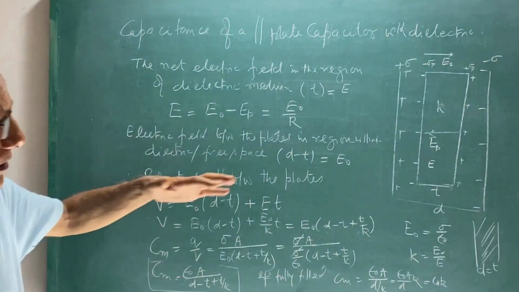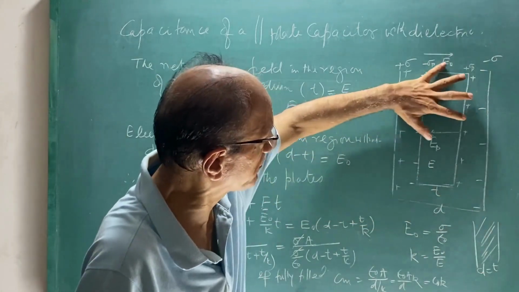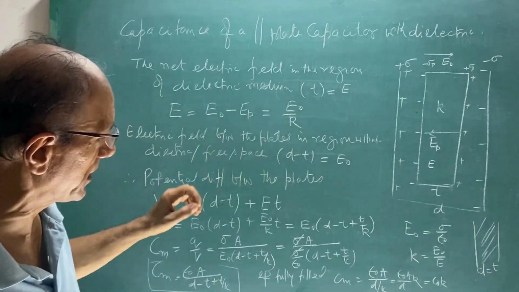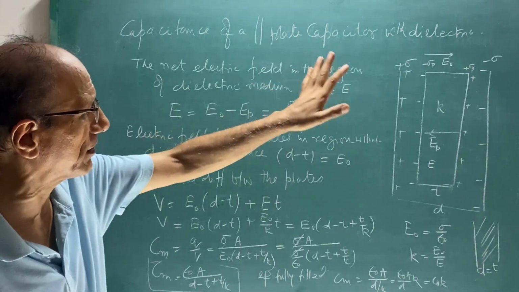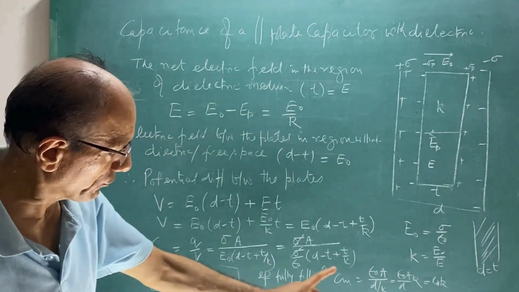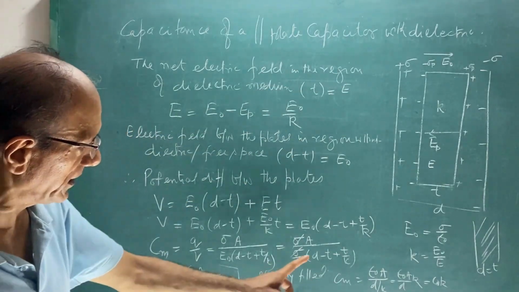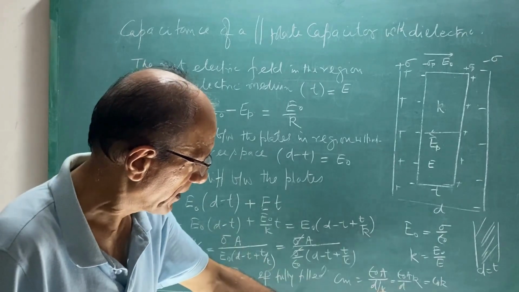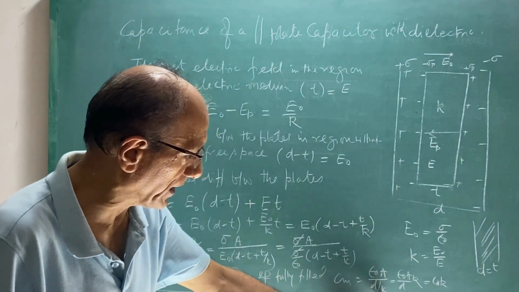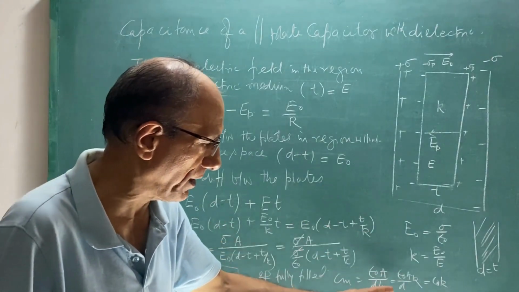When the capacitor is fully filled, this means it is completely filled, that means here T, the dielectric thickness, equals D. So T equals D, that means D minus D is 0, and then D by K. So you will have epsilon A upon D by K, and this K comes up in the numerator.